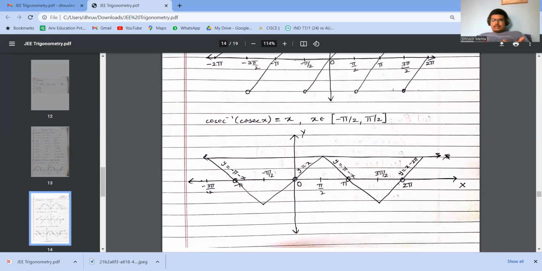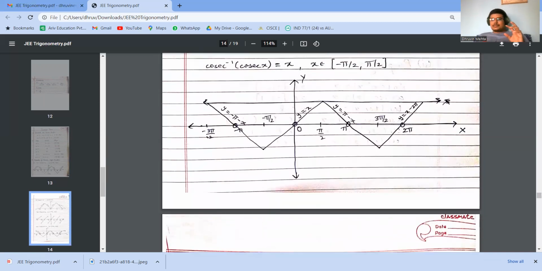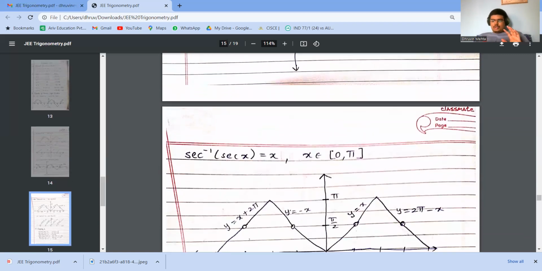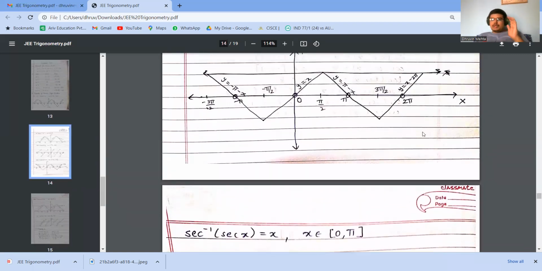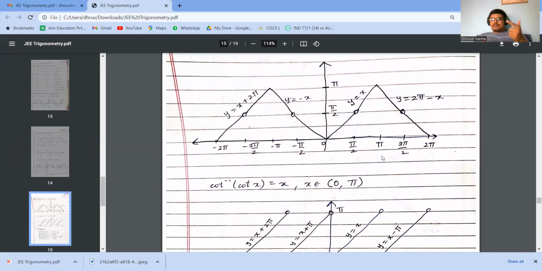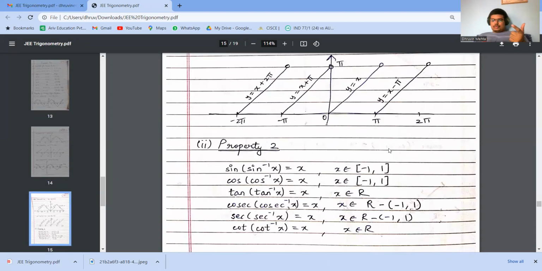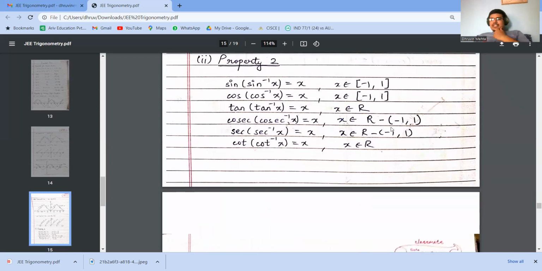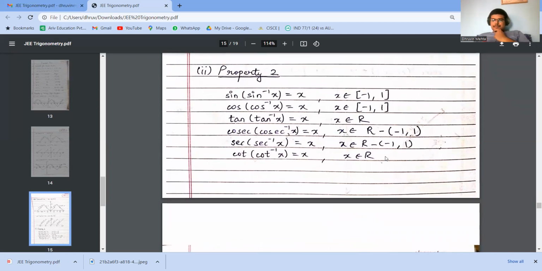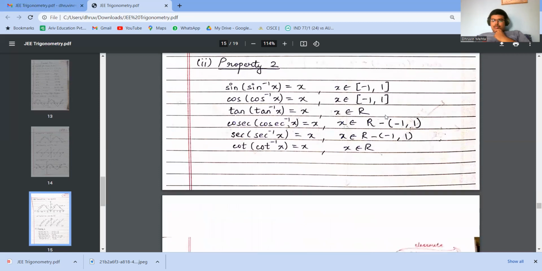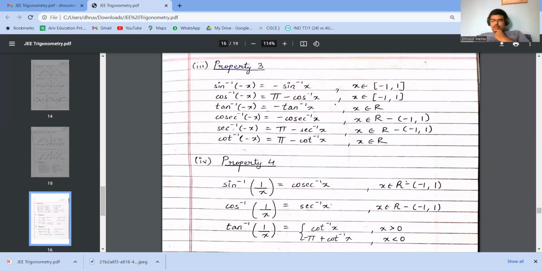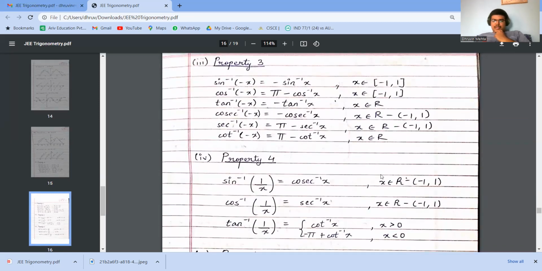These graphs are not really important. It's basically an explanation of domain and range, which I had told you in short earlier, if you remember, that we select the one-one onto region. We choose that one-one onto region, and that is what decides the range, because inverse exists only if the function is one-one onto. And then we have these properties of ITF. So just see if you don't know any particular property, then we can discuss that.